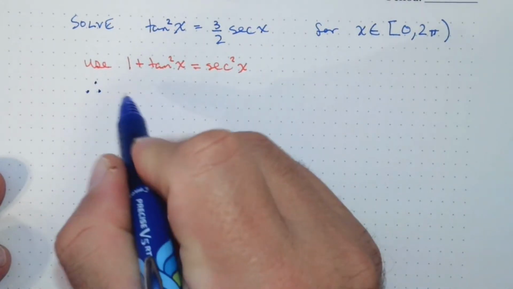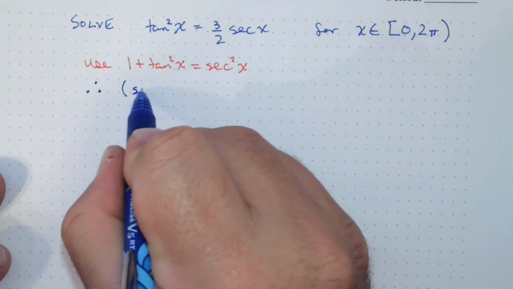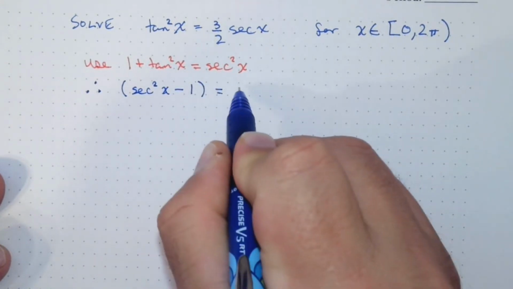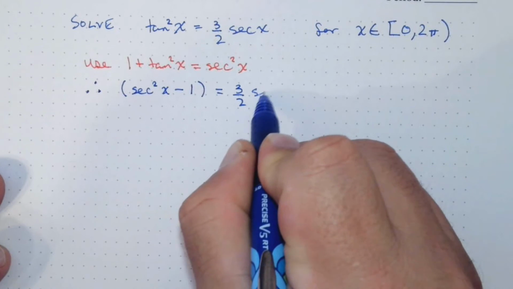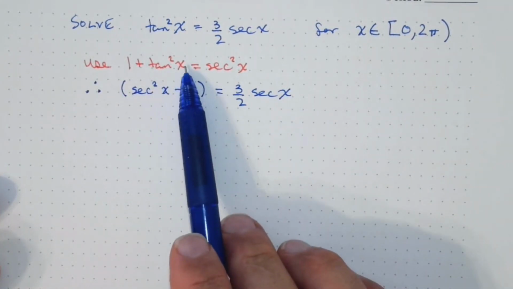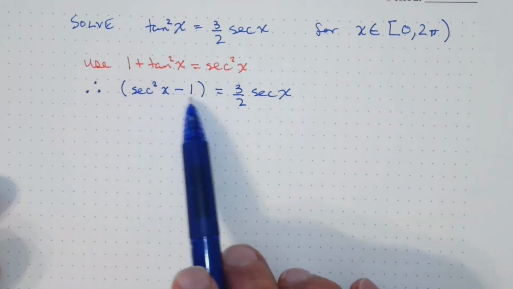Therefore, what I'm going to replace tangent squared with is secant squared of x minus 1 equals 3/2 secant of x. All I did was solve for tangent squared. That's secant squared minus 1.